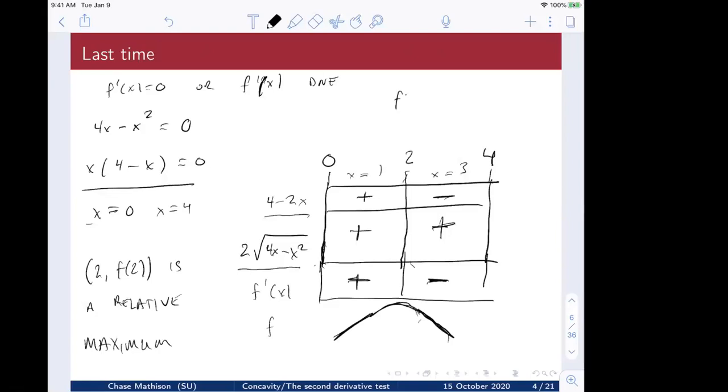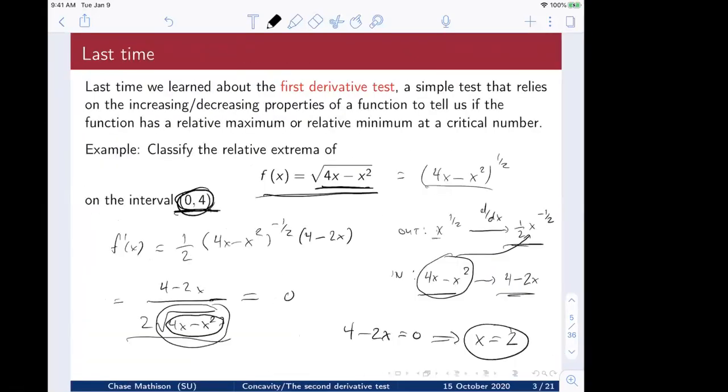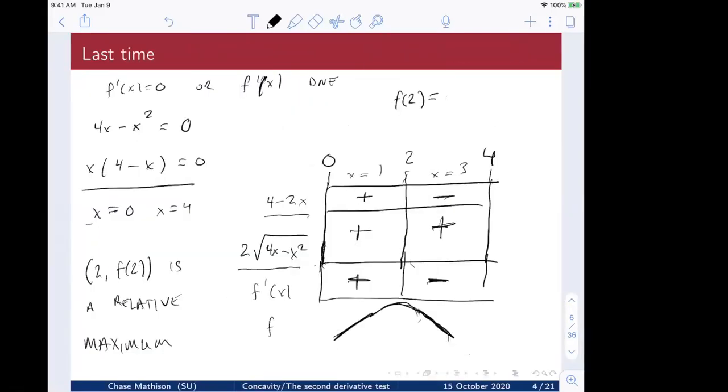And the value of that relative maximum, well, f of 2 is going to be the square root of 8 minus 2 squared. So this is the square root of 8 minus 4, which is 4. Take the square root, I get 2. Okay. Questions?